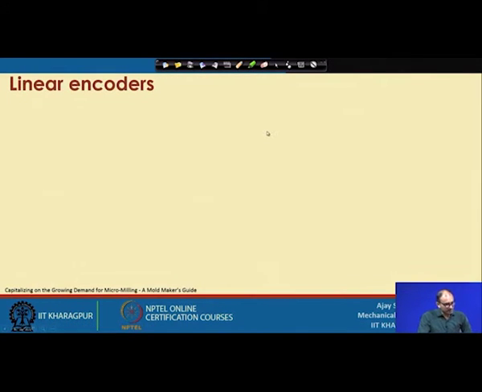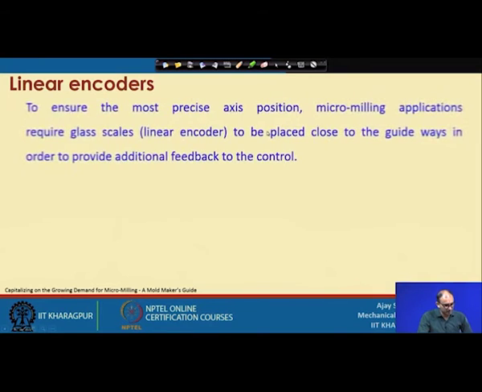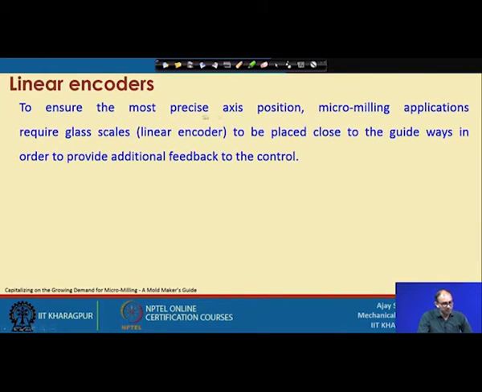Right. So, now let us go to the linear encoder. What are linear encoders? To ensure the most precise axis position, micromilling applications require a glass scale, called a linear encoder, placed close to the guideways to provide additional feedback to the controller.